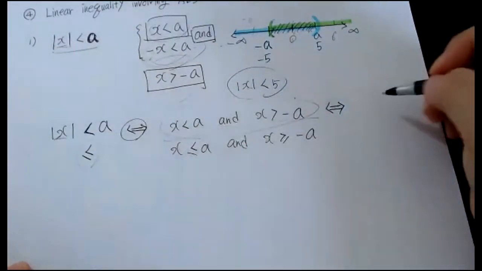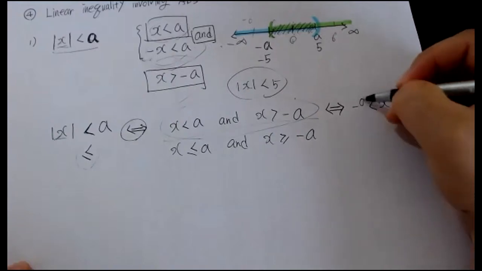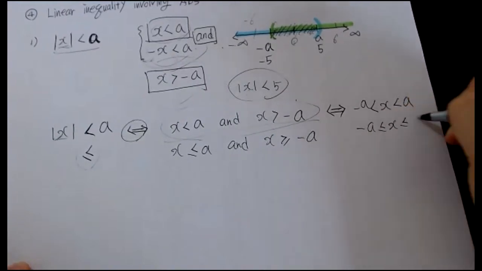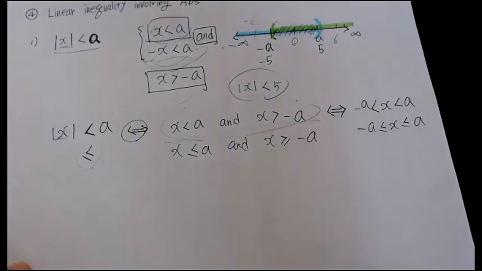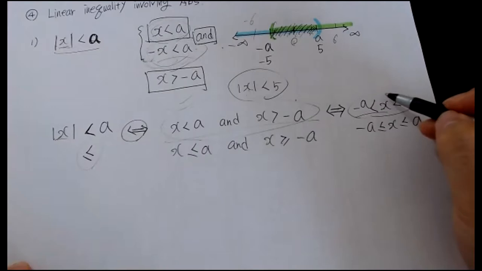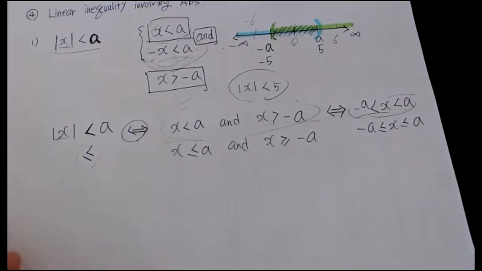That compound inequality can be expressed like this. This is just a short expression of that compound inequality: x is greater than negative a, and x is less than a. Two linear inequalities are combined. Okay, so keep in mind this.